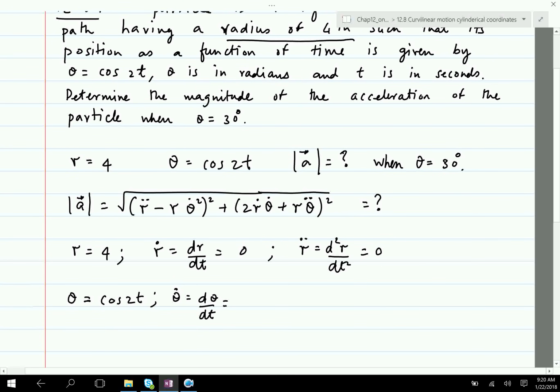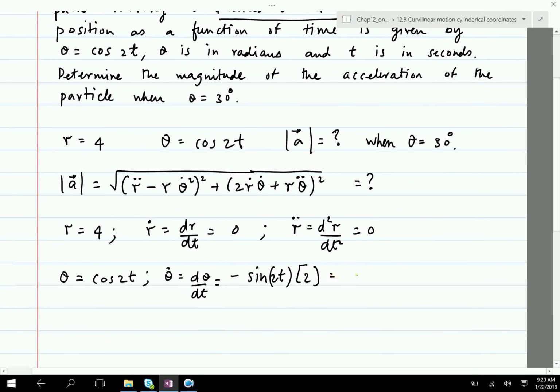What's the derivative of cosine? It's negative sine, times you need to also take the derivative of 2t. The derivative of 2t is 2. So that is minus 2 sine of 2t.